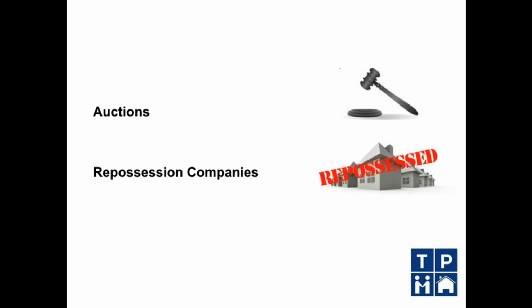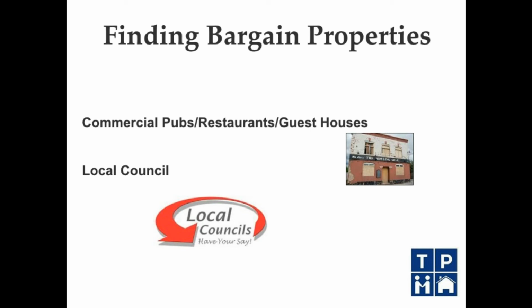Other places that you can think about finding bargain properties, as well as the different websites, you'll find that there are different property opportunities in commercial, pubs, restaurants, guest houses, different things that you can think outside the box with. What else could you do with these things? There are a number of pubs around where they're not really working as pubs anymore.